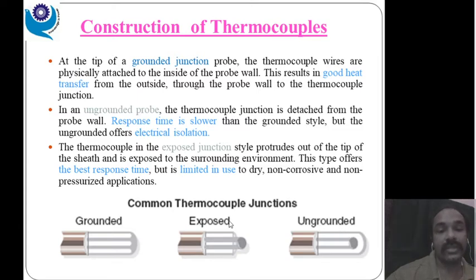And next one, the exposed format. In this exposed junction style, the two dissimilar metals, or you can say the thermocouple wires, are taken out from the probe wall, and due to this, it offers the best response time.